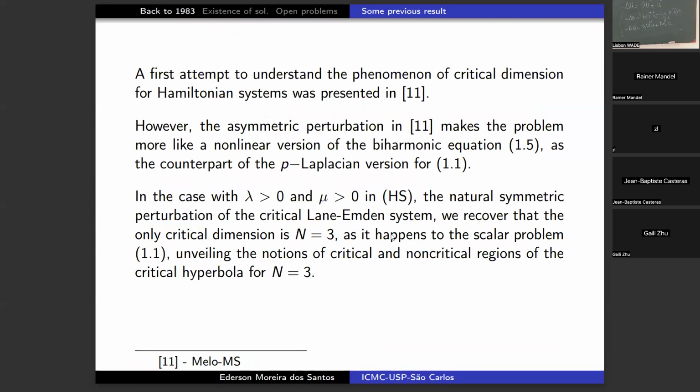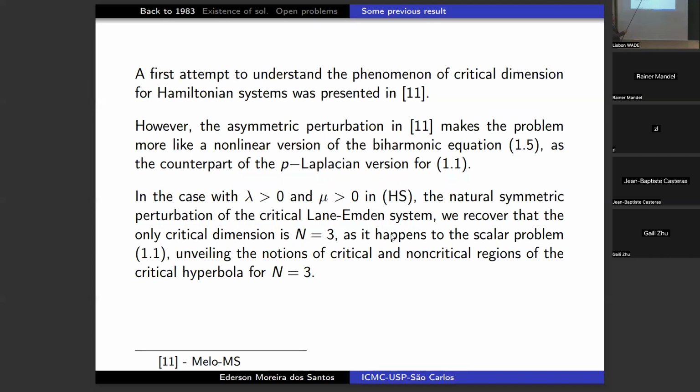So in this paper with Jessica, we considered an asymmetric perturbation, and this makes the problem more like a nonlinear version of the biharmonic, as I said, the counterpart of the P-Laplacian version for the Brezis-Nirenberg problem.